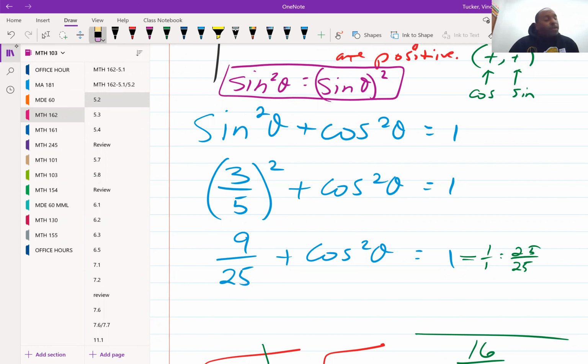That would leave us with 9/25 plus cosine squared equal to 1. Now to solve for cosine, we can subtract 9/25 from both sides.